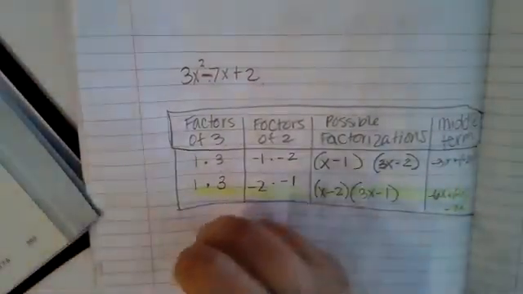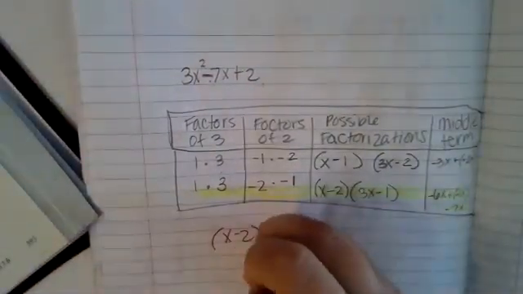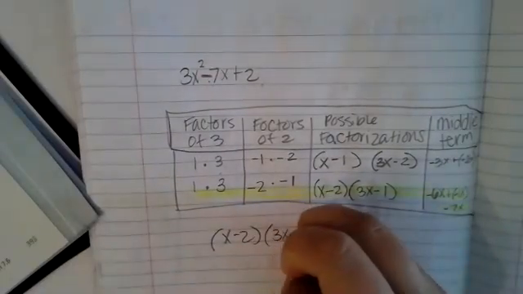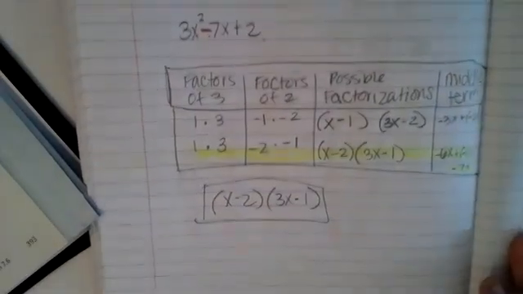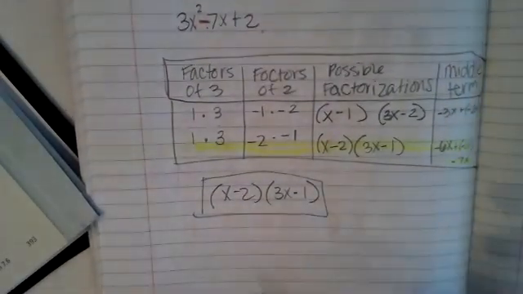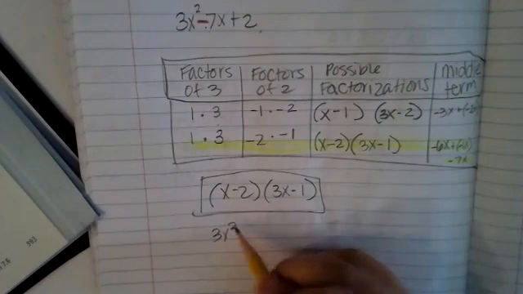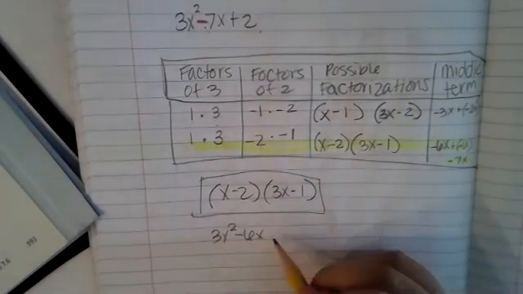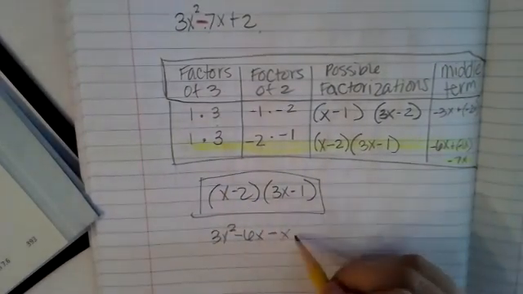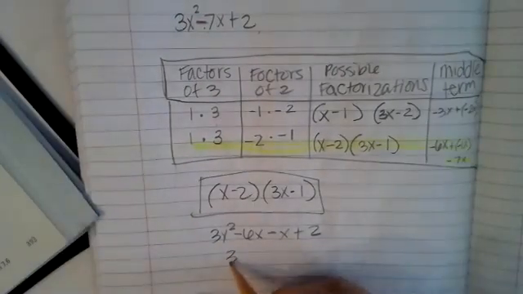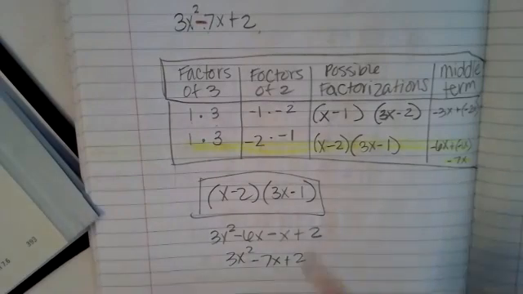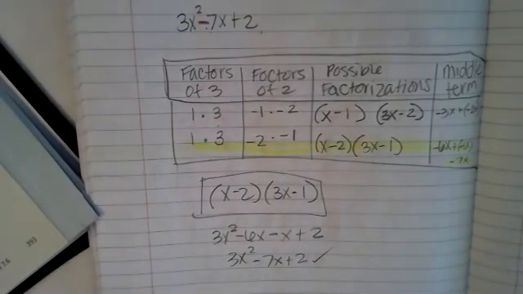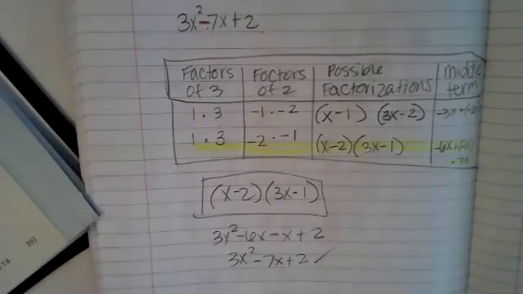So my final answer is going to be x minus 2 times 3x minus 1. And then as I keep pointing out, I'm going to check it to make sure. So this becomes 3x squared minus 6x minus x plus 2. So 3x squared minus 7x plus 2. Yep, those match. So I know that I went ahead and solved it correctly.